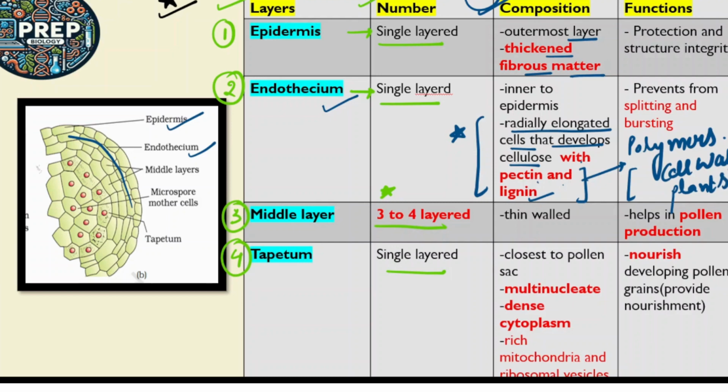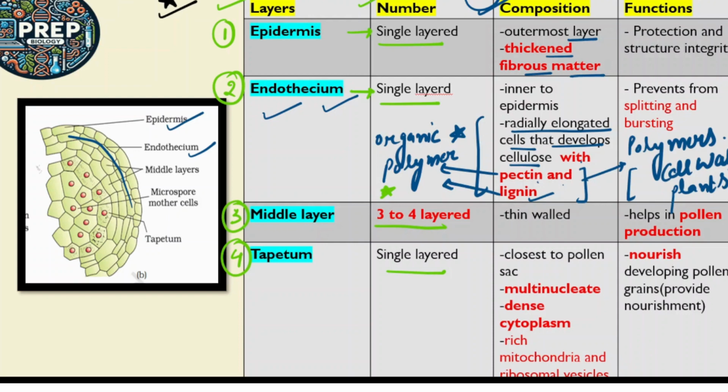Pectin is a polysaccharide, that is a carbohydrate made up of multiple monomers of carbohydrate, and lignin is also an organic polymer. This is very important. So which layer develops cellulose with pectin and lignin? That is the endothecium.